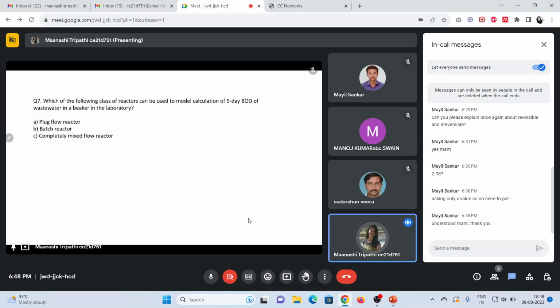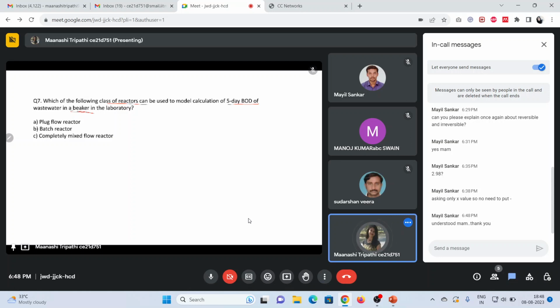So question number 7 is very simple. It's like I have given you as an example in the initial portion itself. Which of the following class of reactor can be used to model calculation of 5-day BOD of wastewater in a beaker in a laboratory? What kind of reactor is the beaker? Plug flow, batch, or completely mixed?